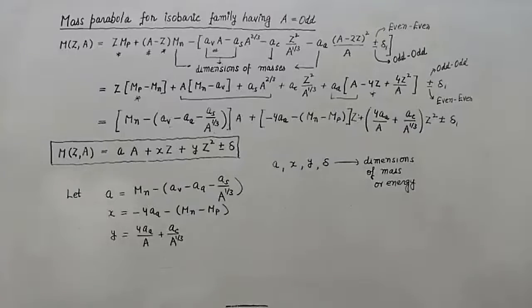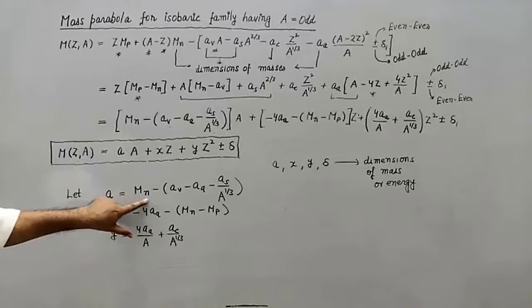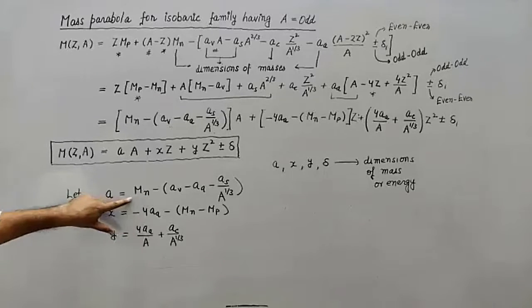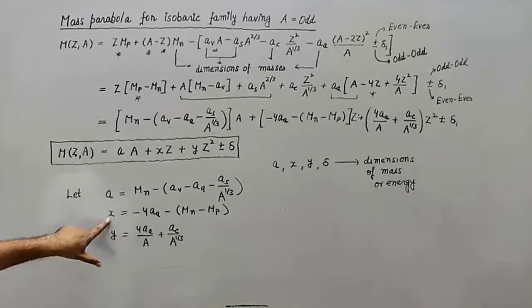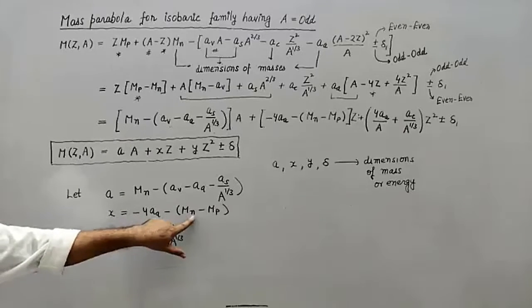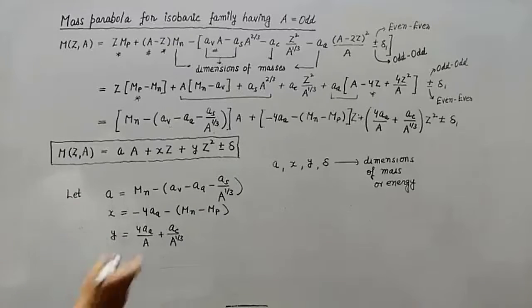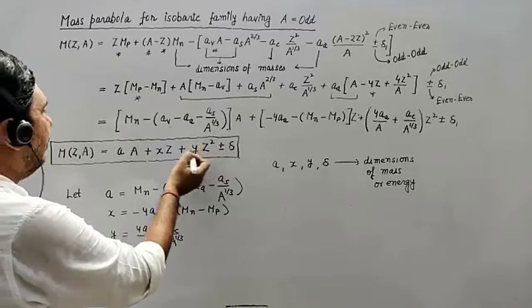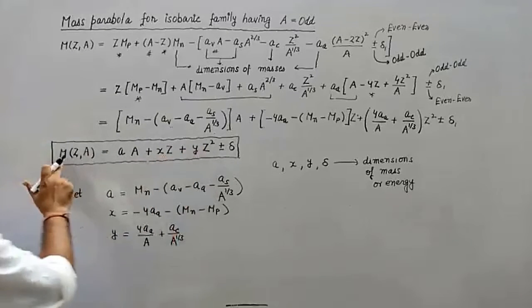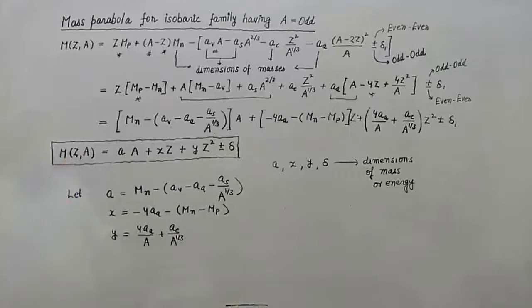So the dimensions of this a and M will be equal. Similarly here, this X has the same dimension as Mn and Mp. Y has the same dimension. Since Z is a number, the dimension of Y will be equal to the dimension of the mass of the nucleus.